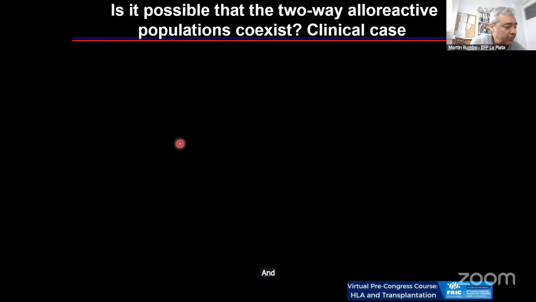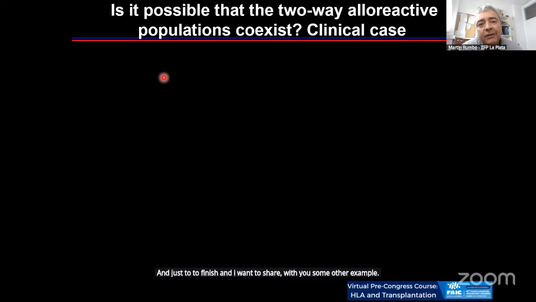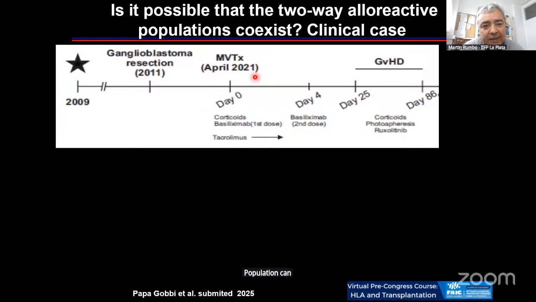And just to finish, I want to share with you another example, to show that these two-way alloreactive populations can coexist in the clinics. This is a clinical case which I will show.